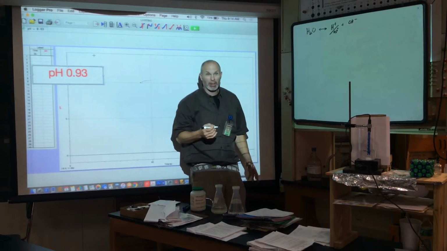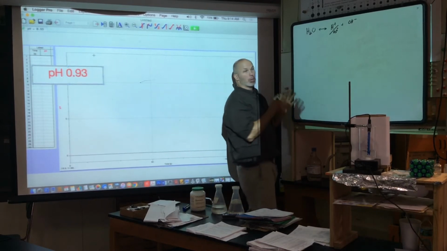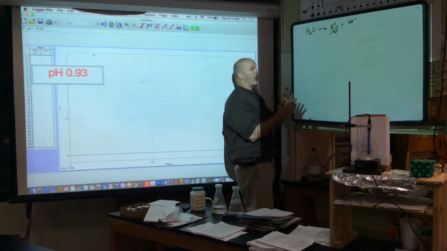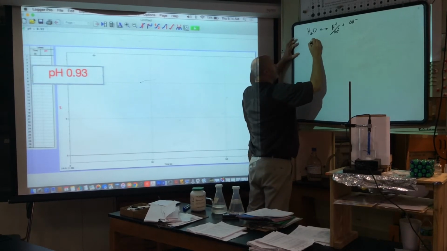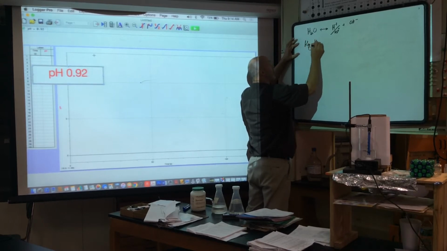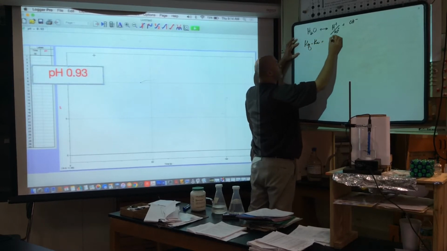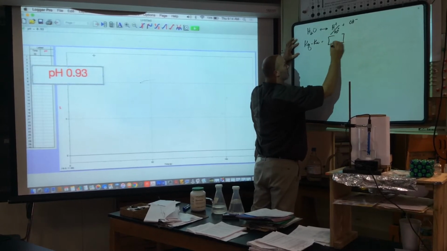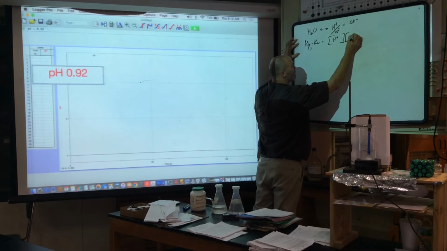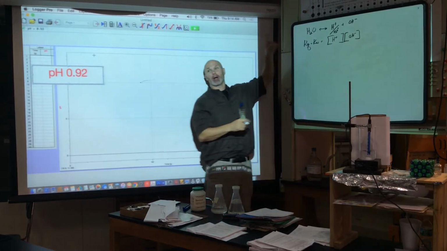Now, it barely goes forward because when we do the equilibrium law of mass action, something we'll define later in the course, we know that this Keq, because it's for water, we call it Kw, is equal to the product of the proton and hydronium times the hydroxide, all over the product of the reactants.